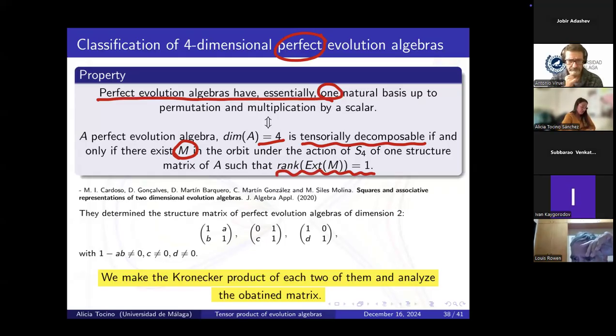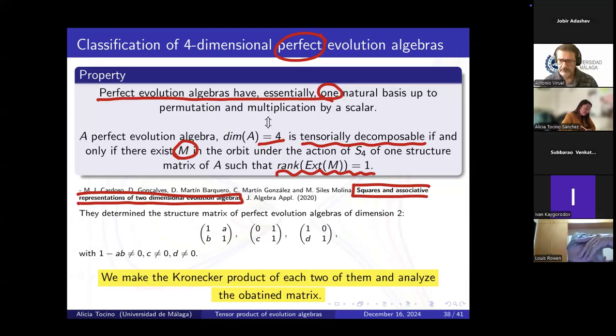What are we going to use here? We are going to use the paper Squares and Associative Representations of Two-Dimensional Evolution Algebras, by María Inés Cardoso, Daniel González, Dolores Martín Barquero, Cándido Martín González, and Mercedes Siles Molina.